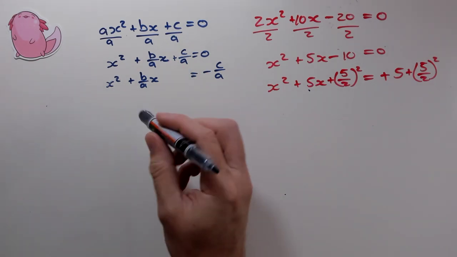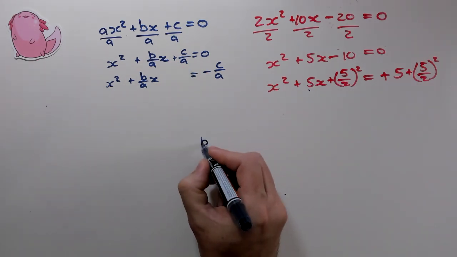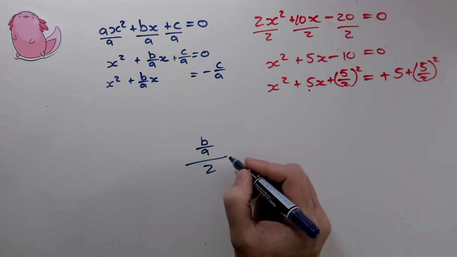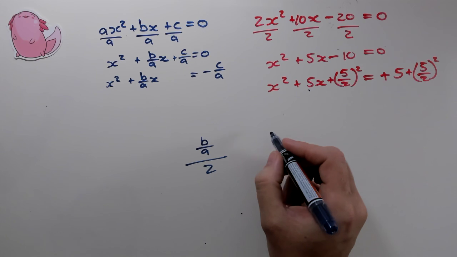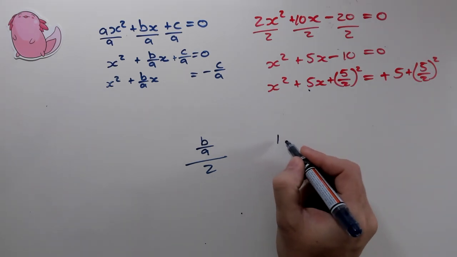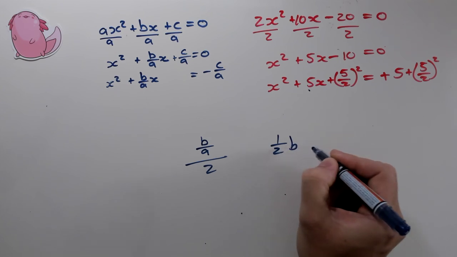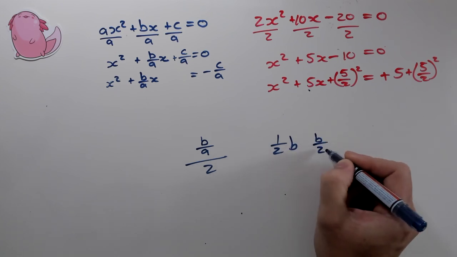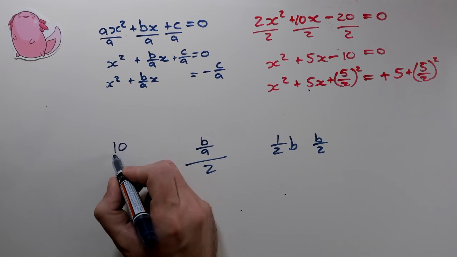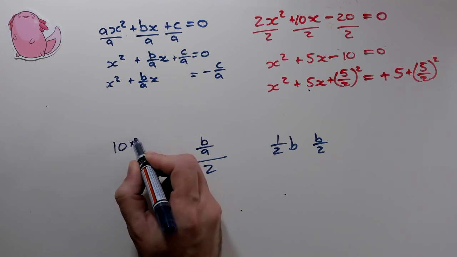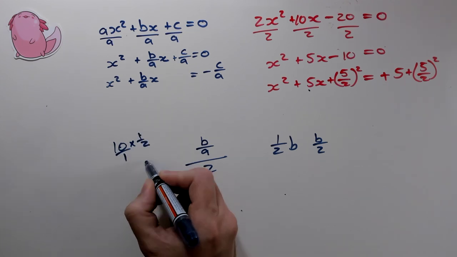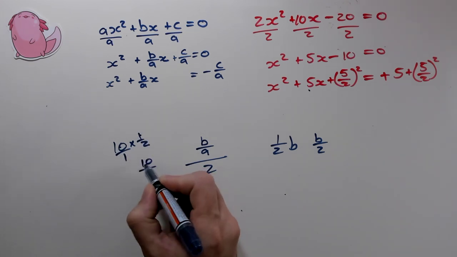So just going to show you, if I would divide b over a divided by 2, that's a bit of a weird way of writing it. So what I'll rather do, just like with a triangle, you said half the base, that's the same as base divided by 2. If I had 10 times a half, it would be the same as 10 over 1 times 1 over 2.